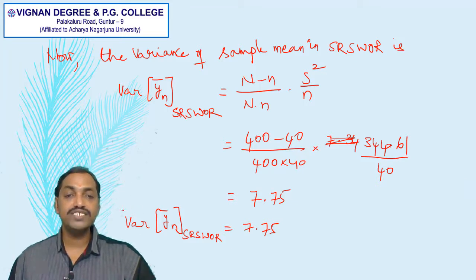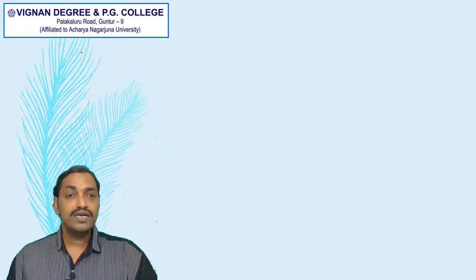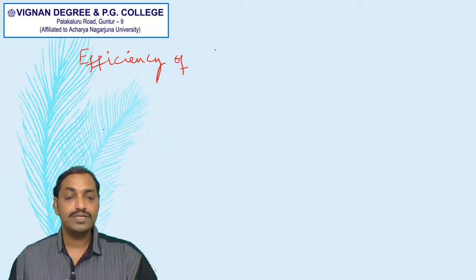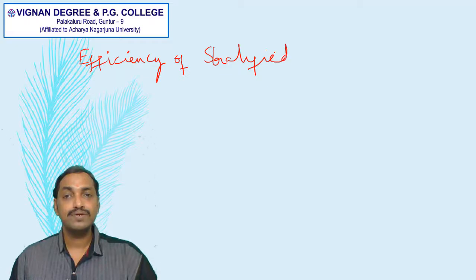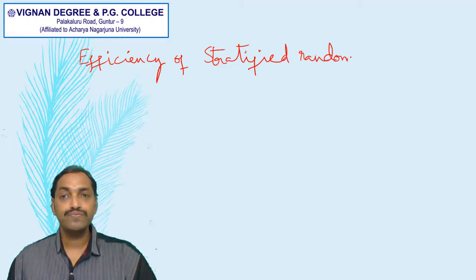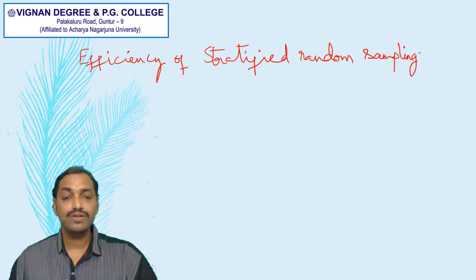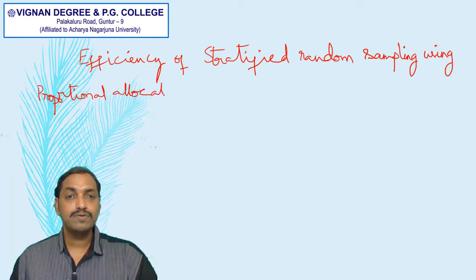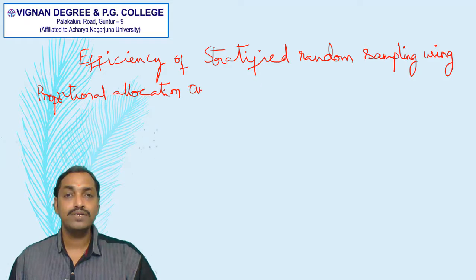Now I want to compare the efficiency of the mean of stratified random sampling using proportional allocation over simple random sampling without replacement.